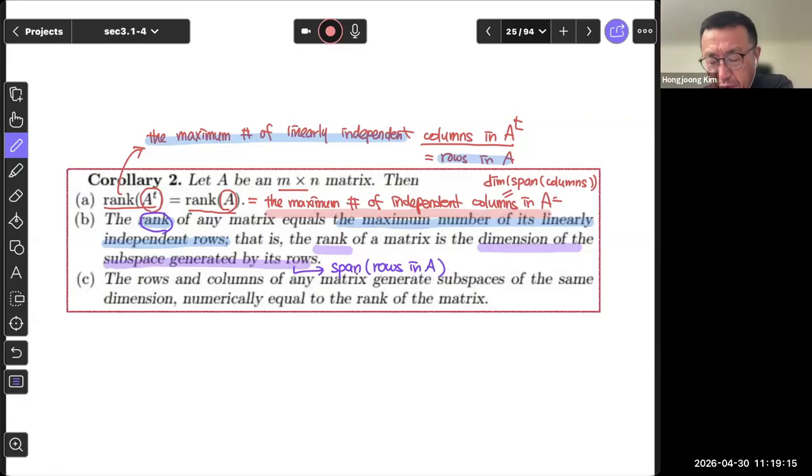Okay, so C is trivial, but before I go to the next part, let me just mention one more thing. Here A is an M by N matrix. The span of columns in A is a subspace in F^m space.